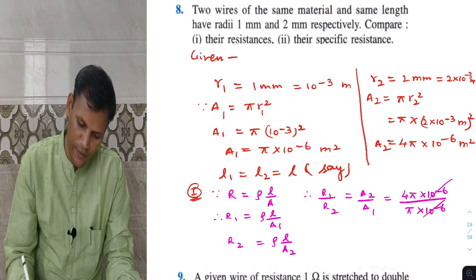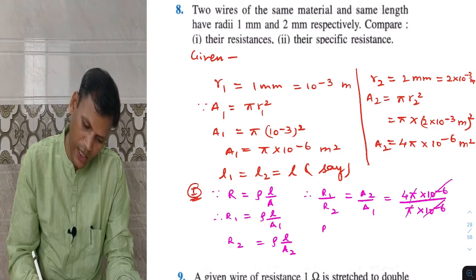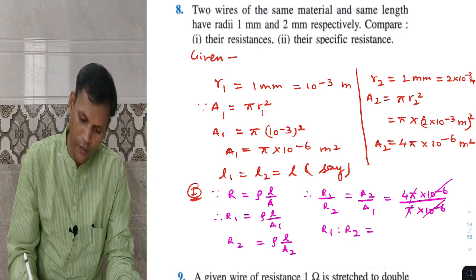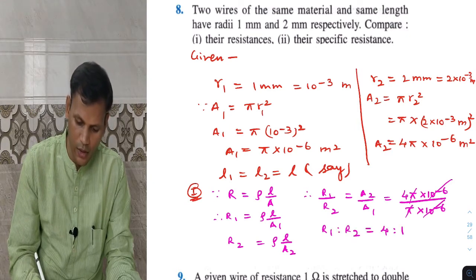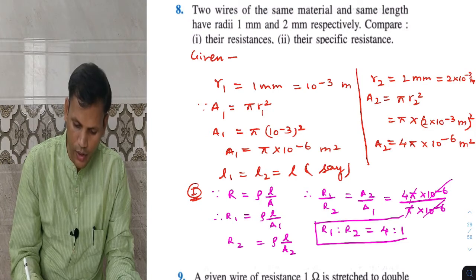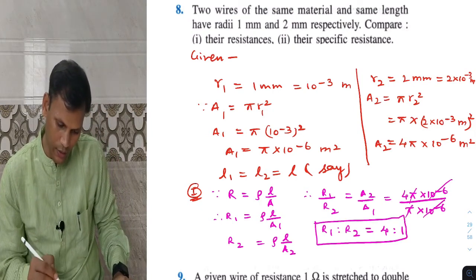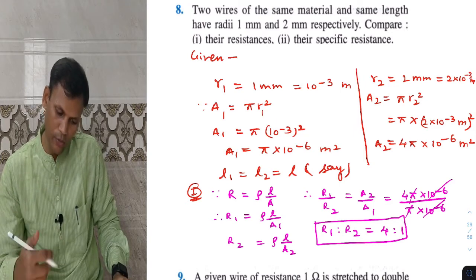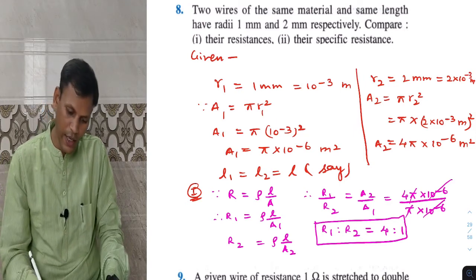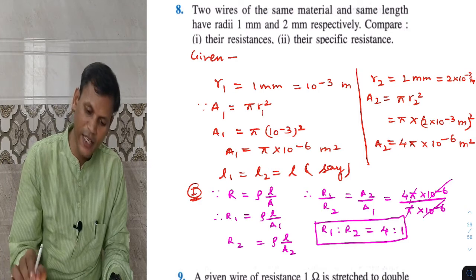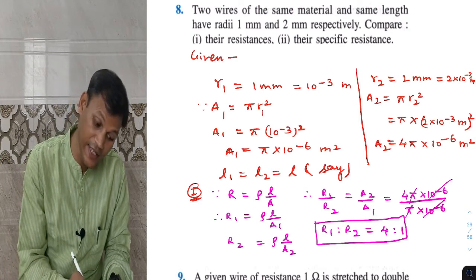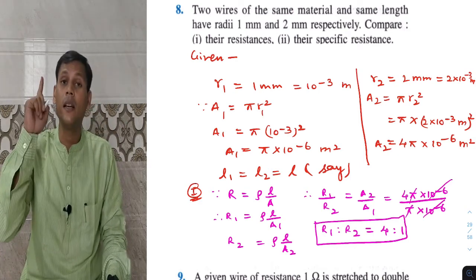So this term gets cancelled. So R1 is to R2 will be 4 is to 1. R1 by R2 will be A2 by A1, correct.